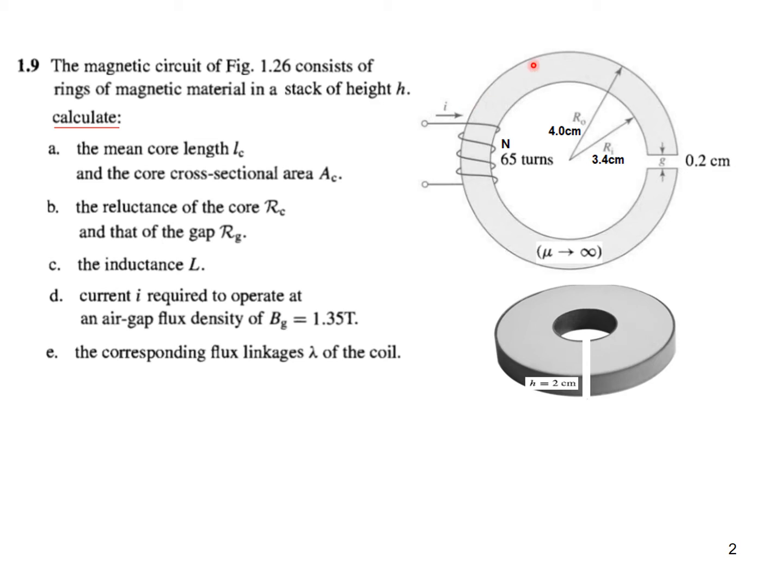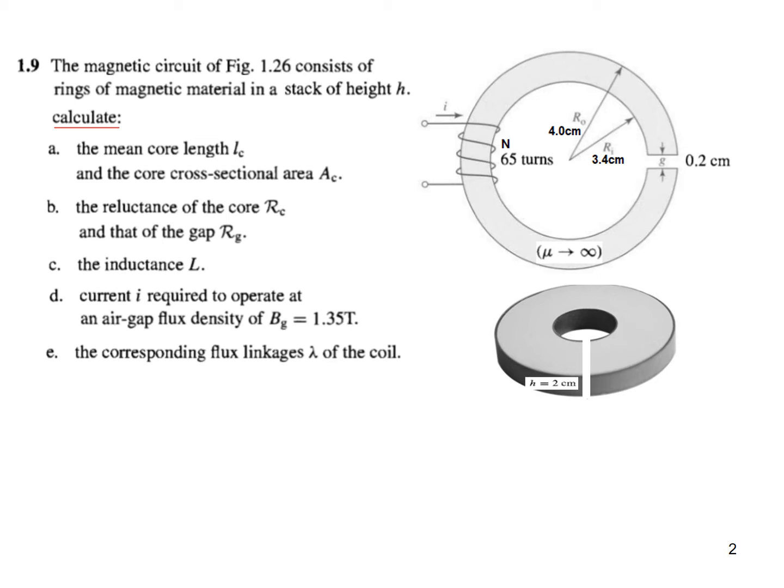So this is the circuit dimensions, or the core dimensions, and when we say stack of height h, that means it is stacked like this. So one ring over the other ring plate and the third ring plate. So this is how this core is made.